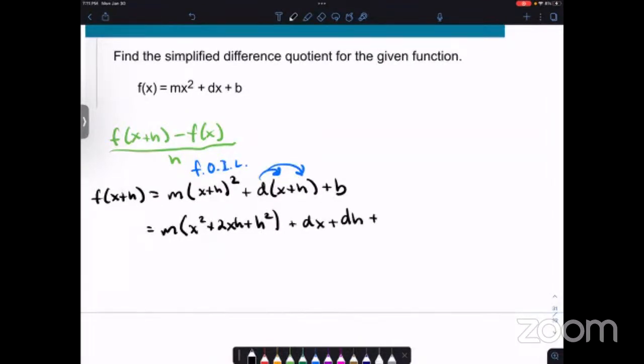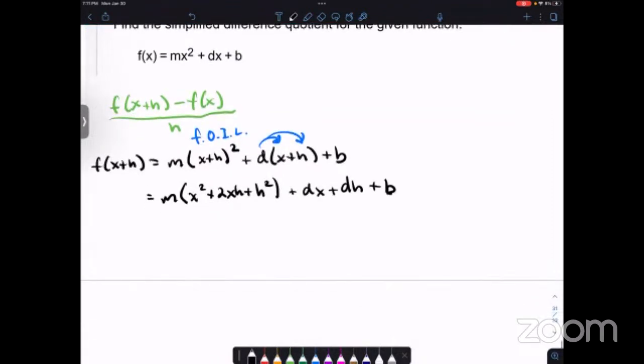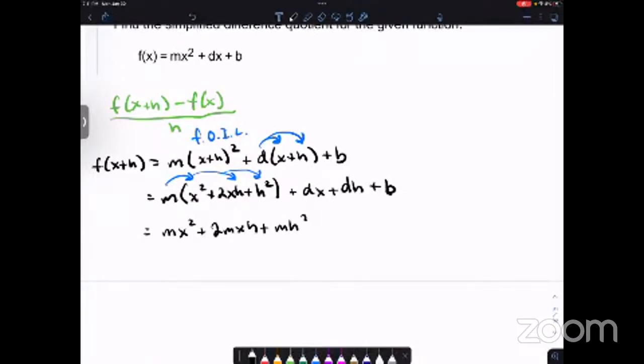And then we need to distribute this m. So we can write mx squared plus 2mxh plus mh squared plus dx plus dh plus b. Okay, so that's f of x plus h.